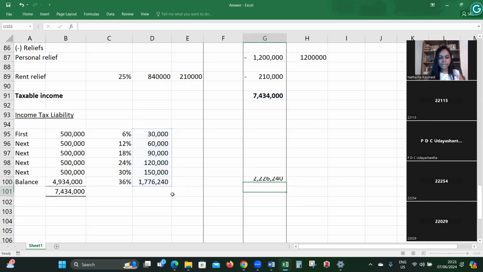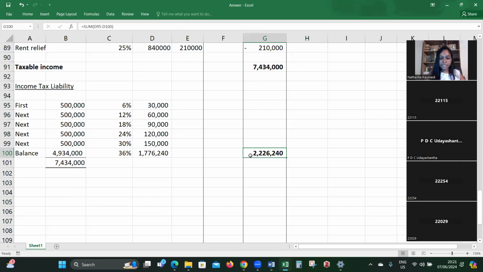The total income tax liability payable is 2,226,240. It is better if you show it separately as income tax liability or payable.